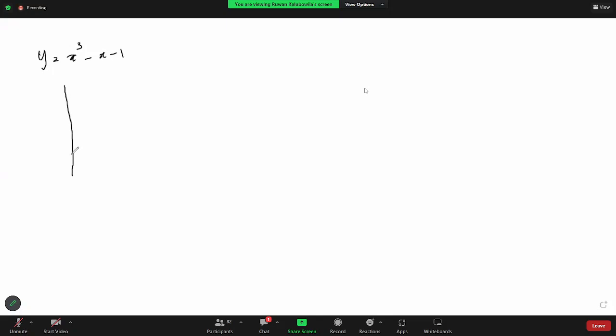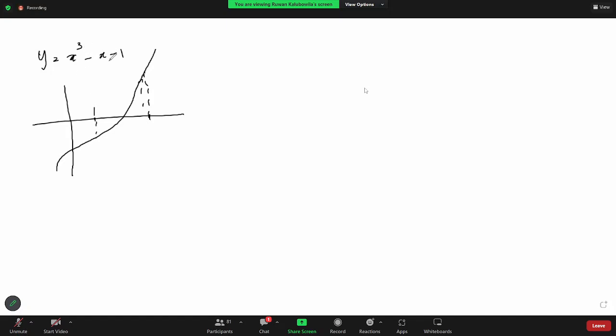Right? So let's take this function. What we have to do first is identify values that give different signs for the y values. Let's apply 1 here.